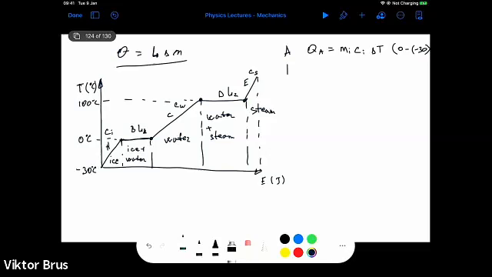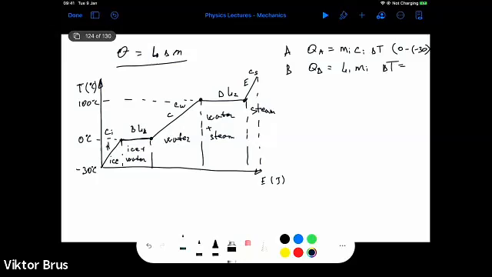Then we have part B, QB is equal to latent heat 1 times the mass of ice, because we convert all the mass of ice to water. That's why latent heat of ice times mass of ice. And here we don't have any change in temperature.